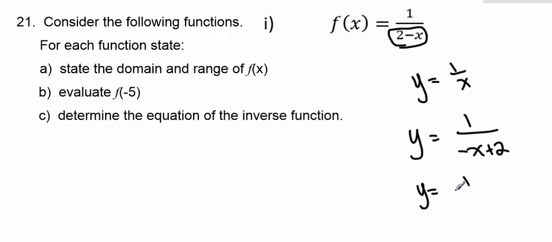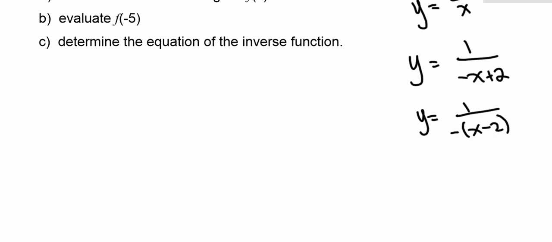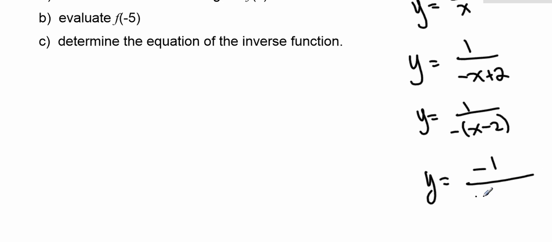Now I'm going to factor out a negative sign so that it looks more familiar to me. So x minus 2, and there's a negative sign. Now I can leave that negative sign down here, or I can move it to the top. Let's move it to the top. Negative 1 over x minus 2. There. Now I'm incredibly familiar with this graph.